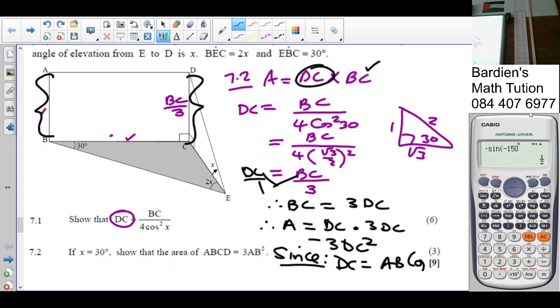Why? No reason required, but I'm just writing it in here: opposite sides of a rectangle are equal. So therefore the area is going to be 3AB squared, which now proves what they wanted you to prove, for 3 marks.